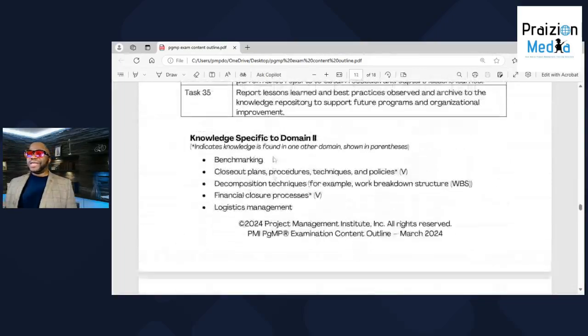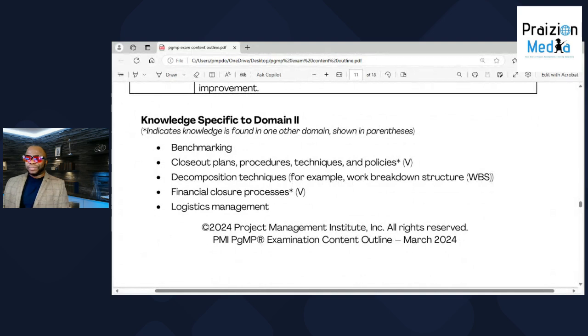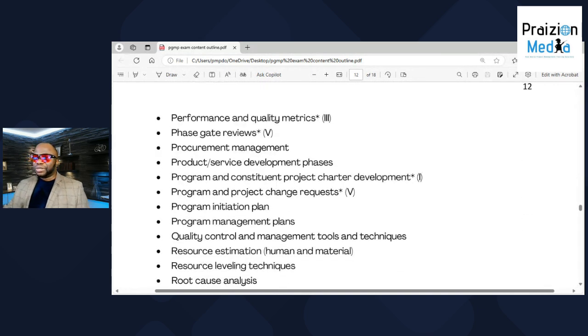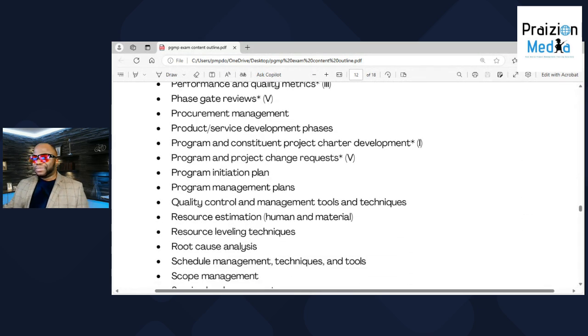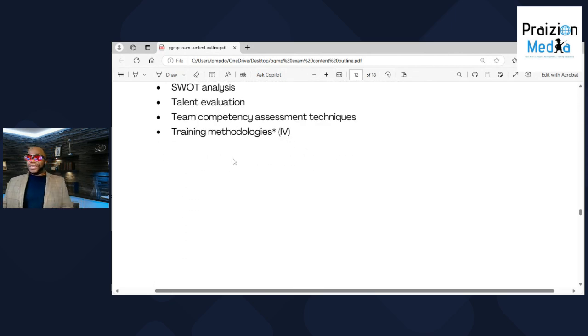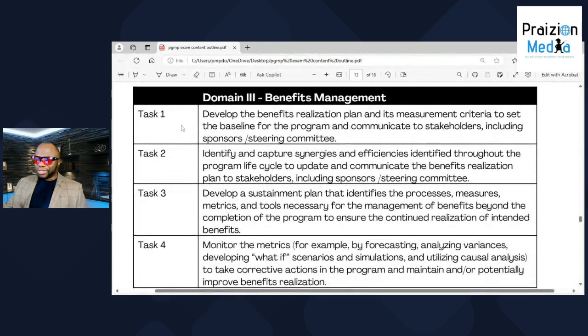Let's go to our next part, which is knowledge specific to domain two. So things like benchmarking, closeout plans, decomposition, financial closure, logistics management, performance and quality management, and all these other itemized bullet points before your exam. You got to ensure that you are comfortable with all that stuff.